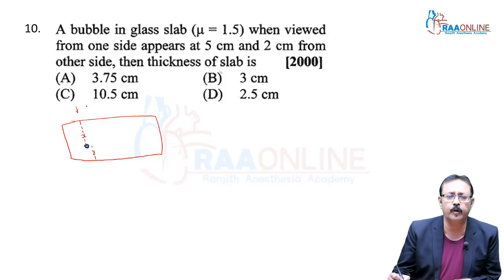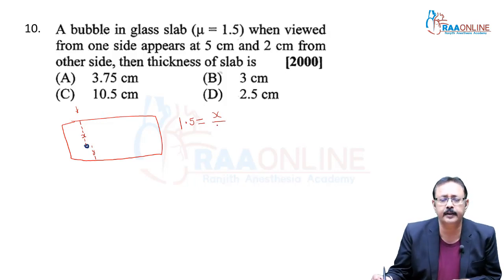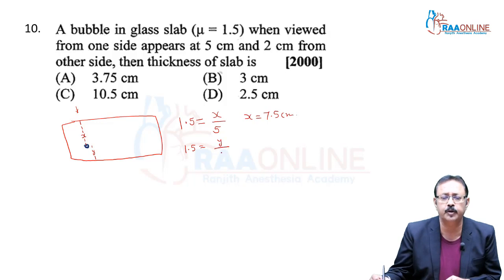When you are viewing from the upper side, what is mu? Mu is real depth upon apparent depth. From the upper side, they are saying it is 5. So what is x? x is 7.5 centimeter. From the downside, the actual depth is y, but they are saying 2.